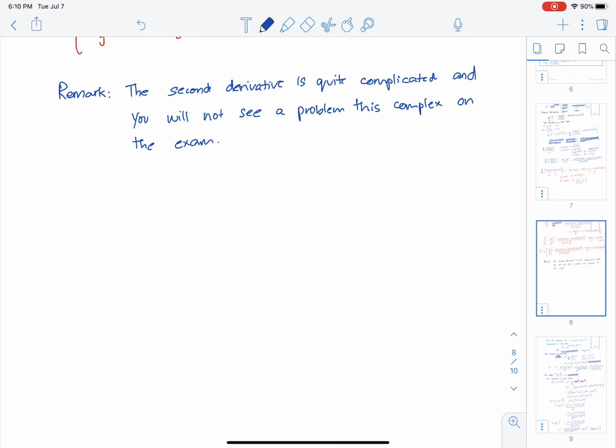And I should also note that this problem is good for practice. You could learn chain rule, you could learn implicit differentiation, product rule, quotient rule, and so forth.